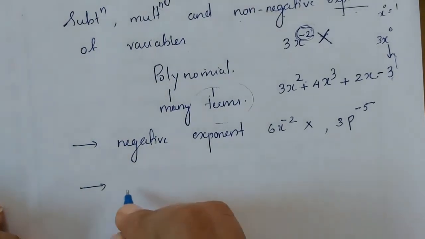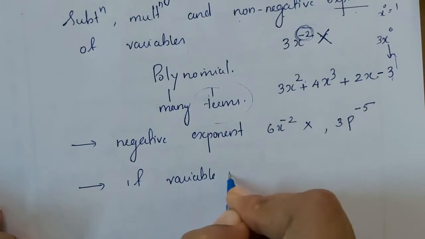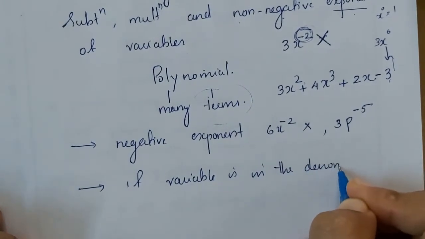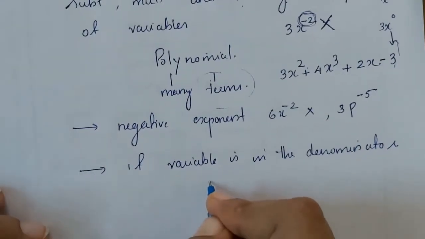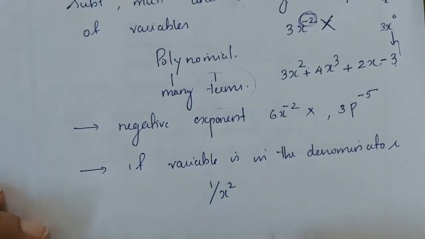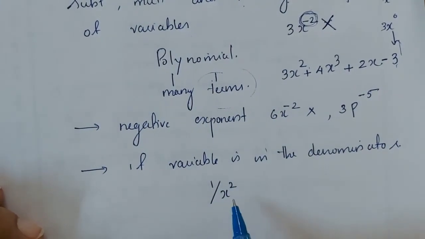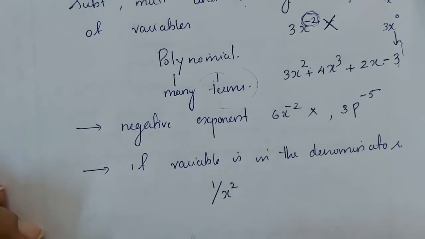If the variable is in the denominator, that is 1 by x square, this means x raised to minus 2, another form of the same thing. A variable in the denominator is not allowed in a polynomial.